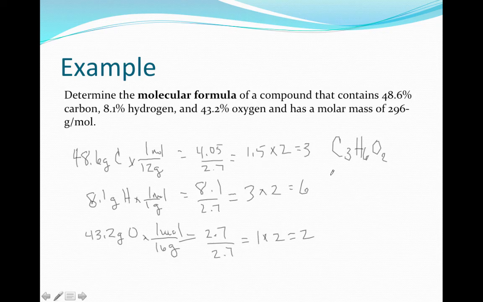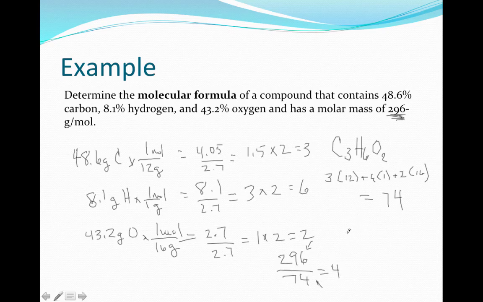So let's add up the molar mass of that. I'll write it here. 3 times 12 plus 6 times 1 plus 2 times 16. And we get 74 again. So let's take our given. We're going to divide our known molar mass by the empirical formula molar mass, and we get 4.